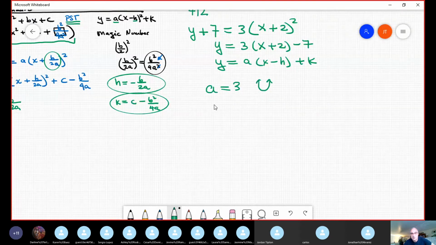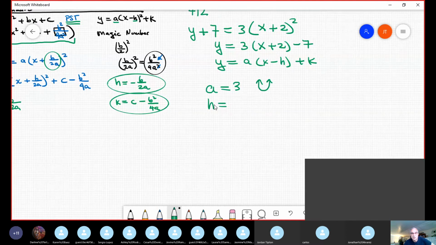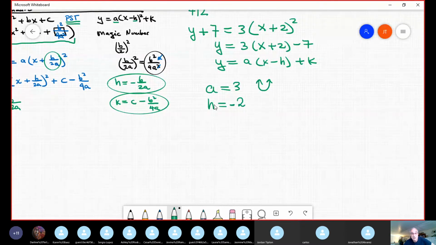Very well, because A is positive. Who is H? Compare this equation and this equation. Is it 2 or negative 2? Negative 2. Do you understand why?